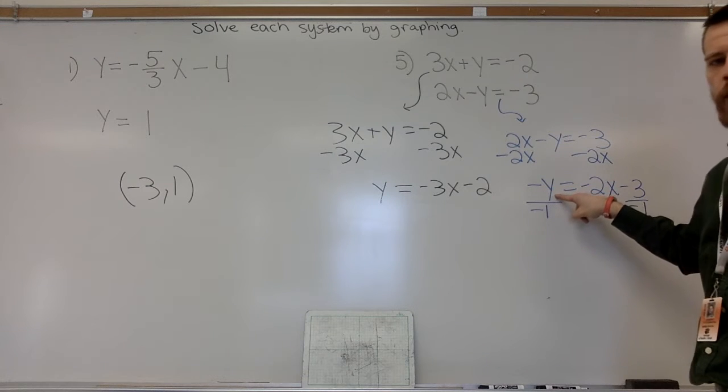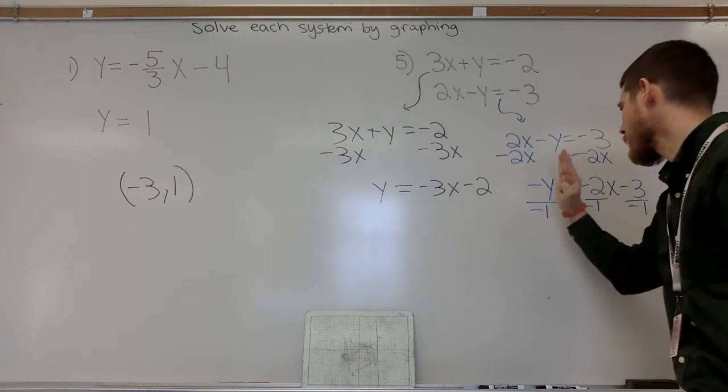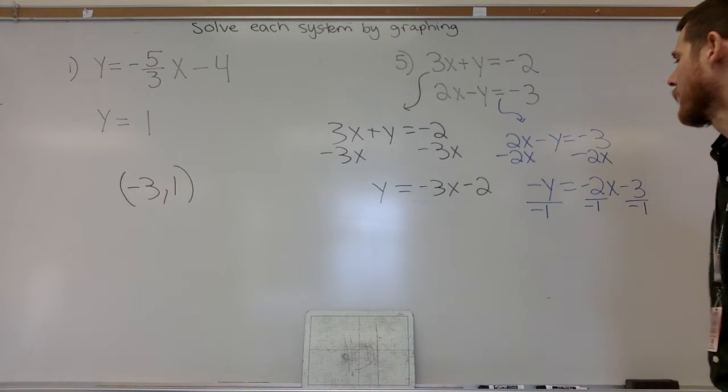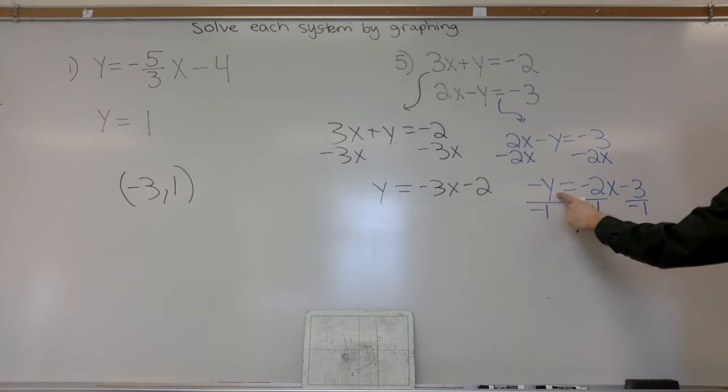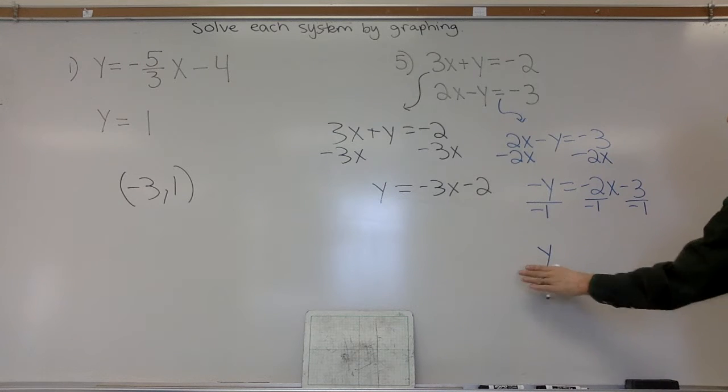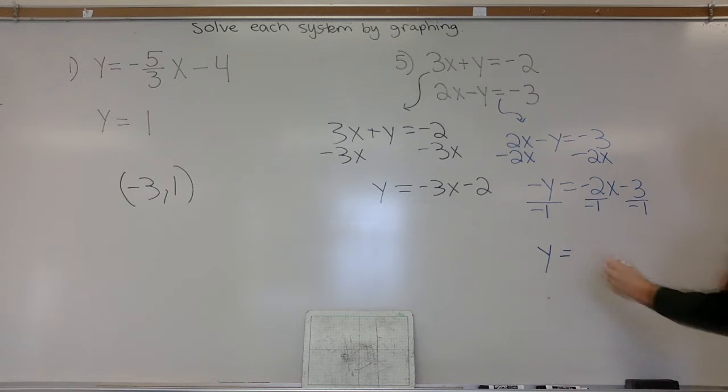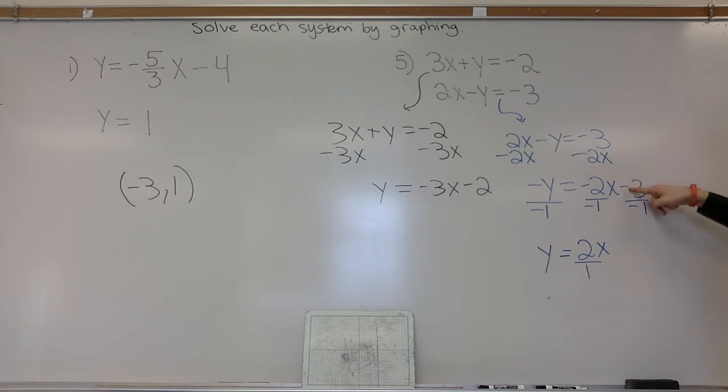I'm not trying to get rid of the y. So I need division to split that negative off. Division is going to get rid of just the negative, and it's going to leave the y on the left side of the equation where I want it. The negative over a negative is a positive. I can leave the 1 there because I know I'm going to be graphing. And then -3 divided by -1, it's a +3.